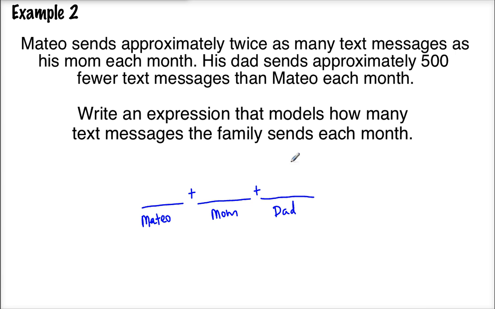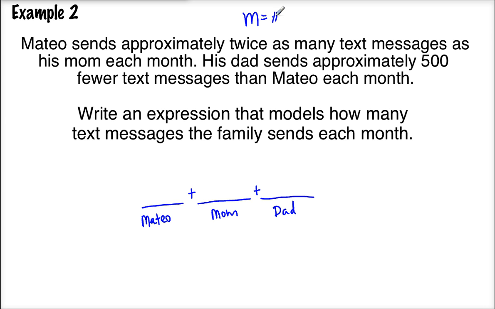So let's take a look at what they tell us. Mateo sends approximately twice as many text messages as his mom. So do we know how many texts his mom sends? Looking through here, it doesn't look like it. We don't know how many his mom sends. So we need a variable for this.